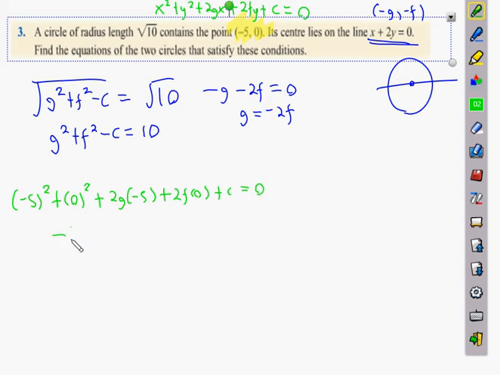We get -10g plus c equals -25, so c on its own is 25 plus 10g.